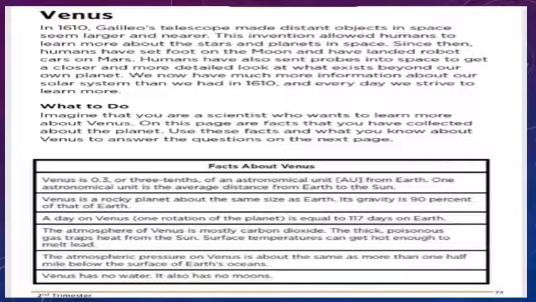So we stopped the last time in our live session at this activity. We were talking about Venus, and they gave us some facts about Venus in this table. So let's read it quickly. Venus is 0.3, or 3/10, of an astronomical unit, AU, from Earth, and one astronomical unit is the average distance between Earth and the Sun.